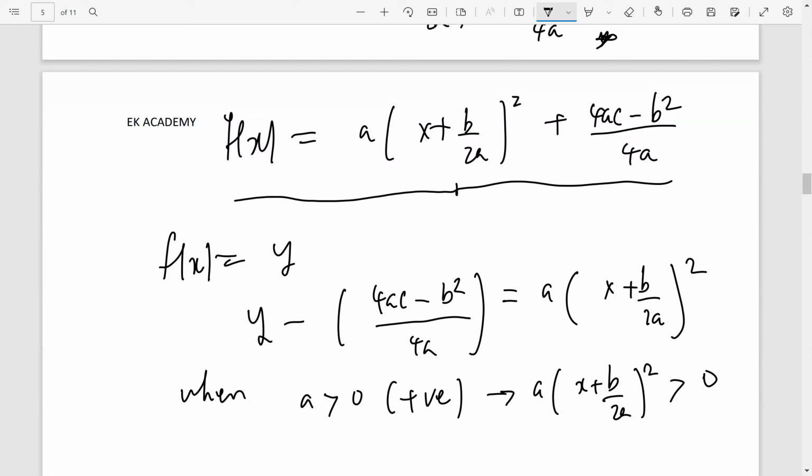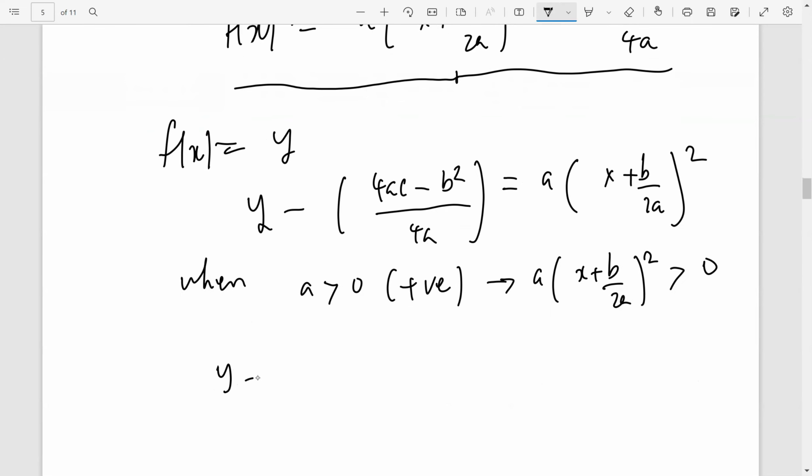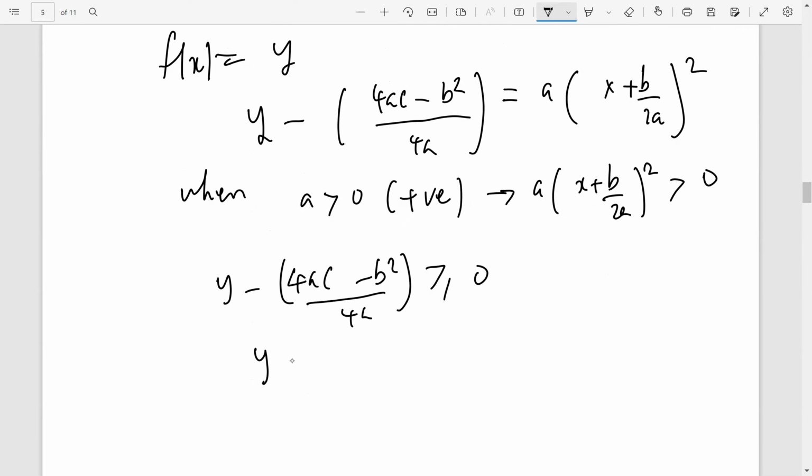So if that is the case, we can say that y minus (4ac minus b squared) over 4a is going to be greater than or equal to 0. So this is y greater than or equal to 4ac minus b squared over 4a.